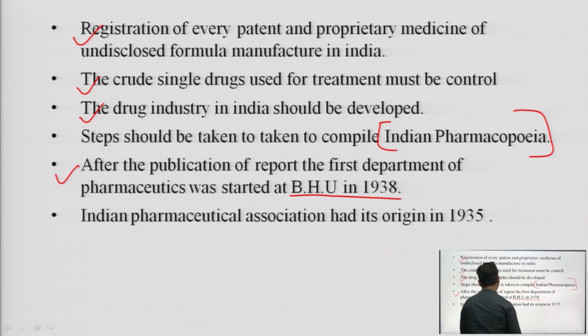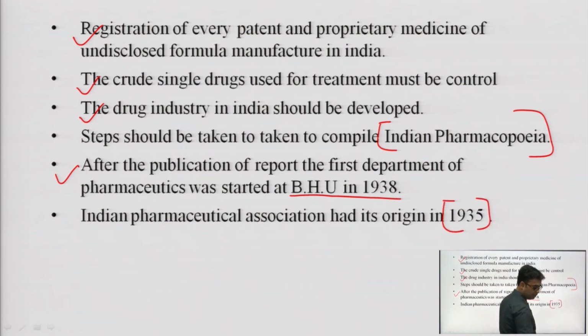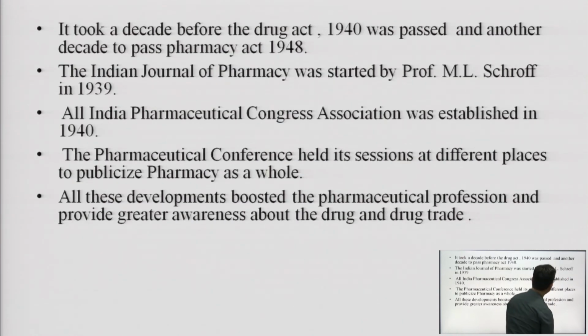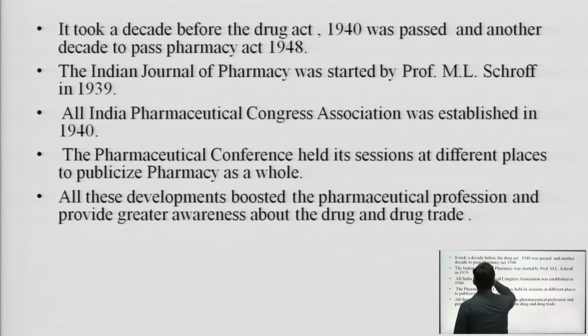Okay. After the publication of the report, the first department of pharmaceutics was started in BHU in 1938. Indian Pharmaceutical Association has its origin in 1935. It took a decade before the Drug Act 1940 was passed, and another decade to pass Pharmacy Act 1948. The Indian Journal of Pharmacy was started by M.L. Shroff in 1939.